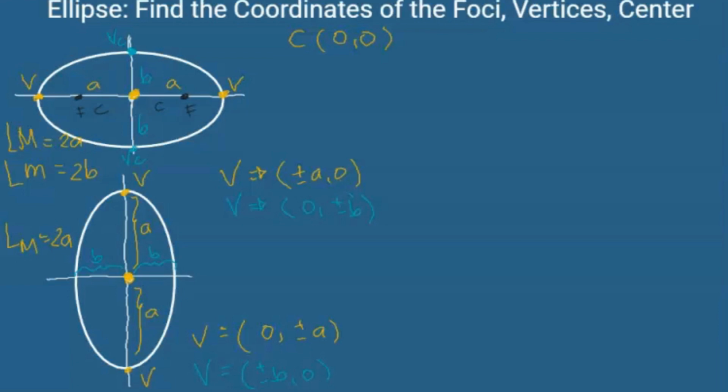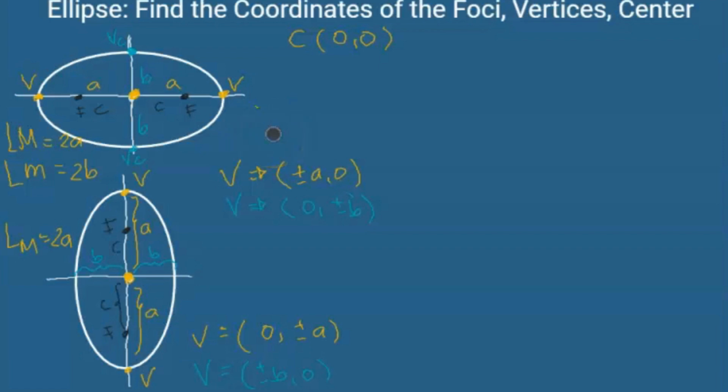Okay, so for vertical ellipse, the foci are along the y-axis or the major axis. So in this case, this is F, and that is C units from the center.